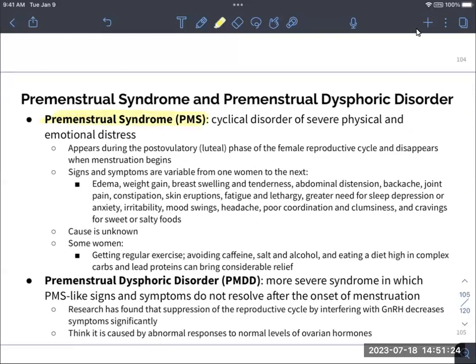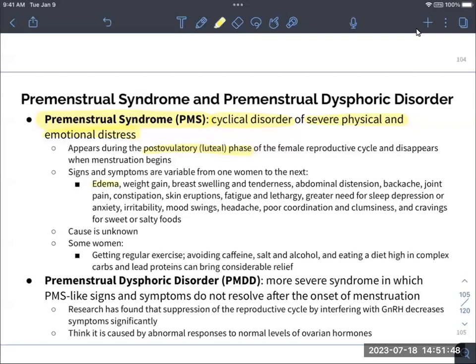Premenstrual syndrome, PMS. Just like the female cycle is cyclical, so is PMS. And it is physical and emotional distress. It appears in this post-ovulatory luteal phase. And once menstruation happens or starts, it usually disappears.